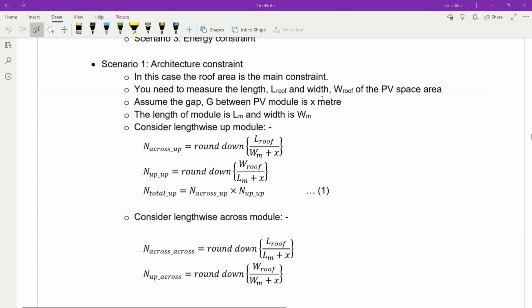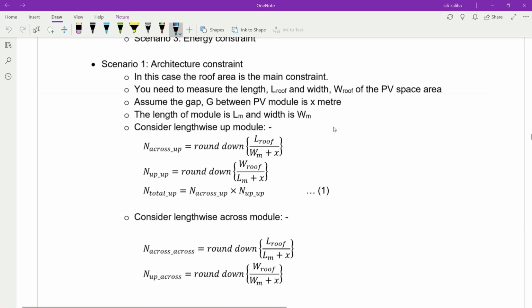For example, in Malaysia, the gap is about 10 to 20 millimeter. The length of the module is Lm and the width of the module is Wm. Consider lengthwise up. This lengthwise up is what we call portrait orientation.